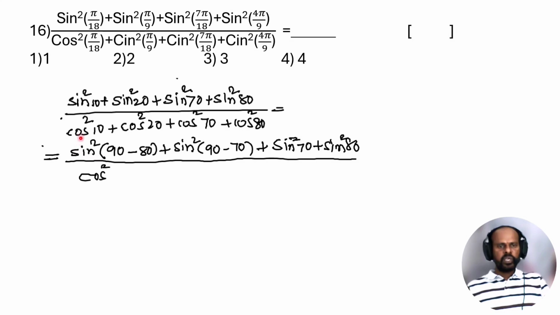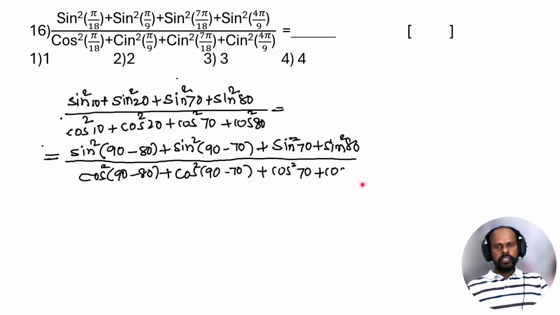Cos 10 can be written as cos 90 minus 80, 20 can be written as cos 90 minus 70. So remaining two terms I am writing as it is. Now using sine 90 minus theta, sine 90 minus theta can be written as cos theta.